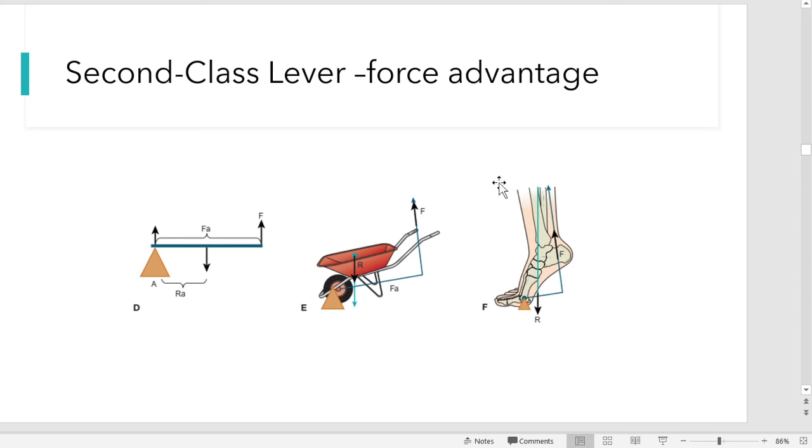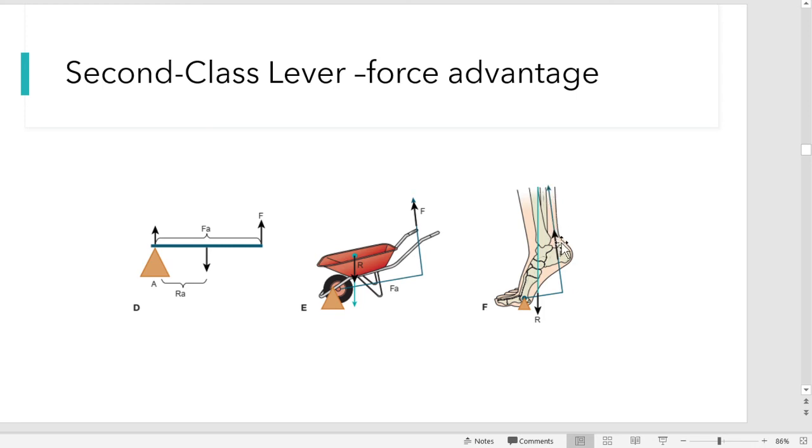So an example of the second class lever system in the body: when you try to tiptoe, diba? When you tiptoe, that is an example of your second class lever system in the body. So you have here the resistance or the load, which is your body weight, and your effort arm is here, from the fulcrum to the line of force of the Achilles tendon.